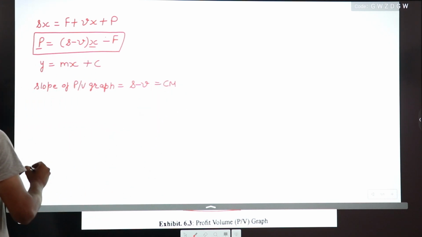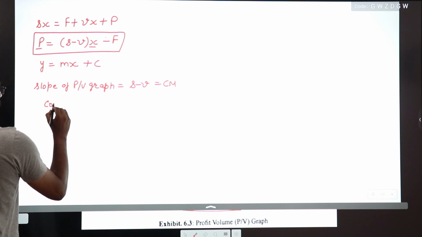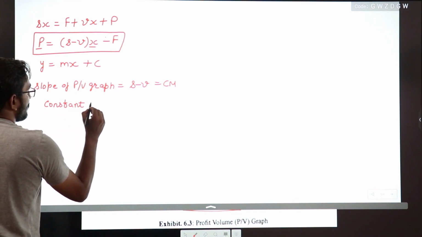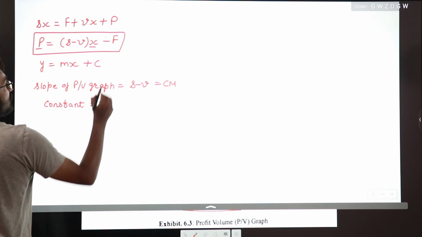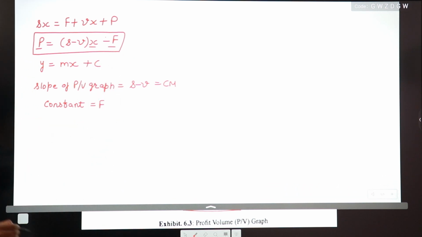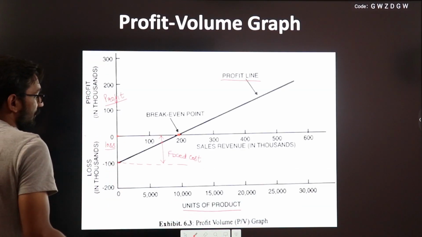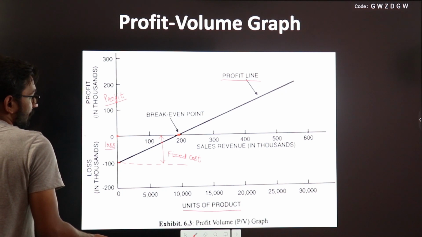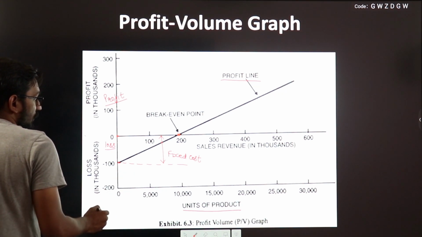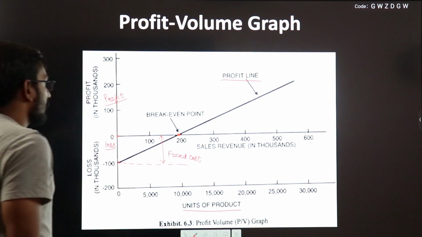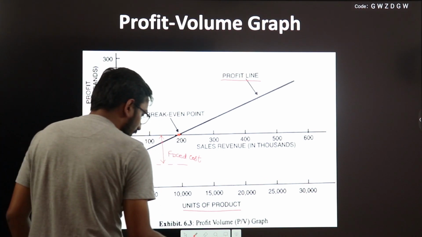The constant, or the intercept on the y-axis, is equal to fixed cost. So this is the fixed cost and this is the profit volume graph.